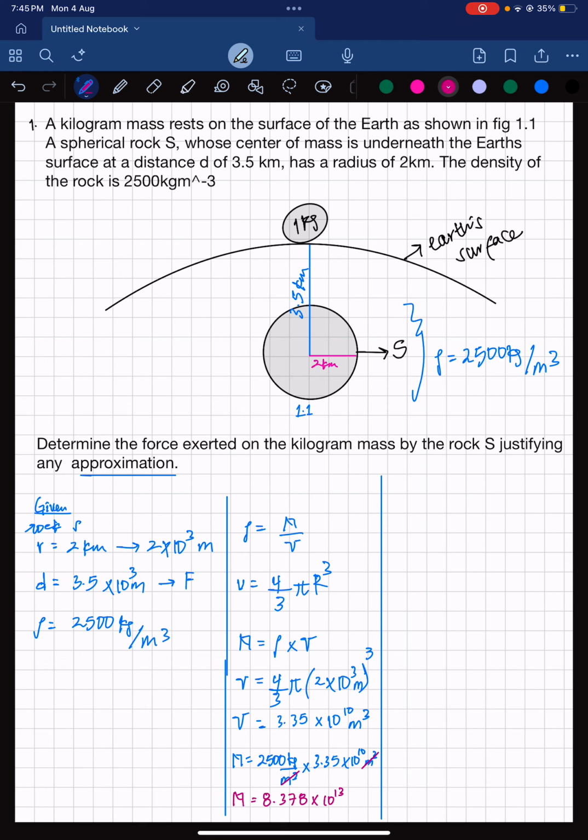And also here we have the small m, which is 1 kilogram, and we got the big M, and it's 8.378 times 10 to the 13.